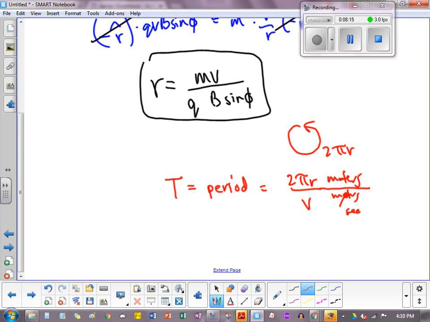So this would just come out to seconds, obviously. So how many seconds? Well, let's plug in the r function that we just had. So you would just basically go T equals 2 pi r over mv over qB sine phi.